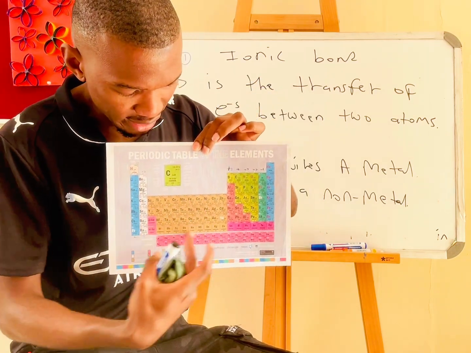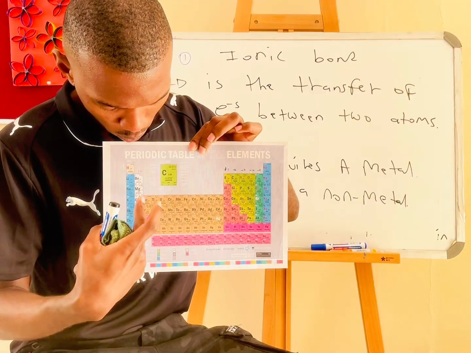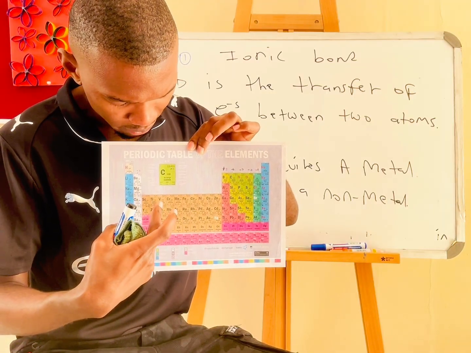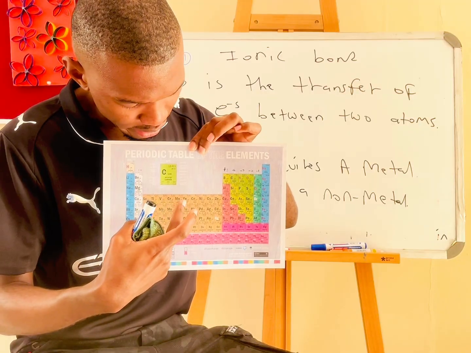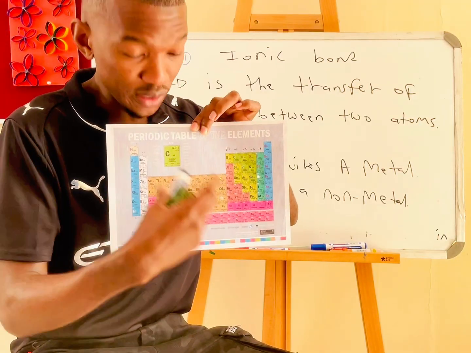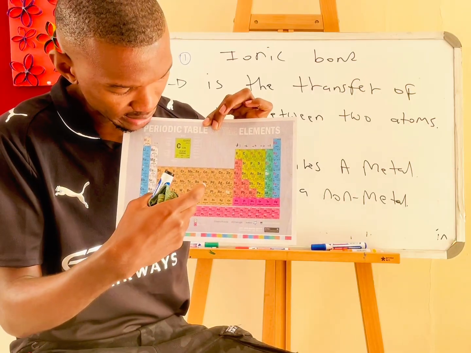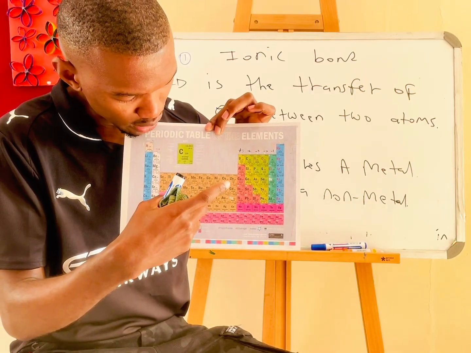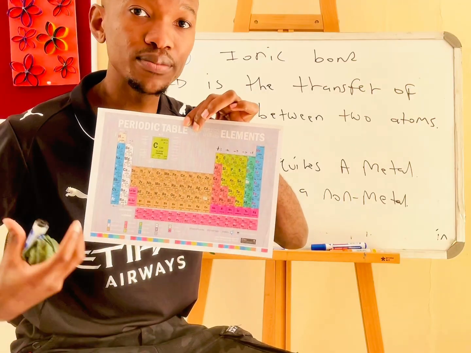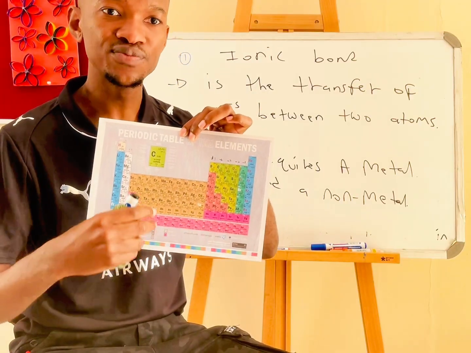And then these ones here in the middle, scandium, titanium, vanadium, chromium, manganese, iron, cobalt, nickel, copper, zinc, and going down there, including platinum, mercury, gold and so on, are called transition metals. We call them the transition metals. You get what I'm saying?